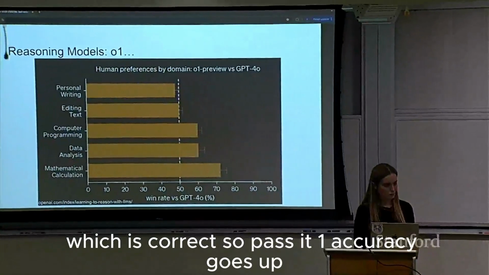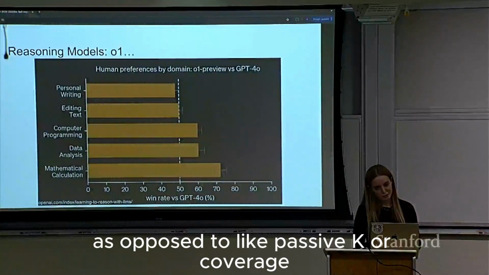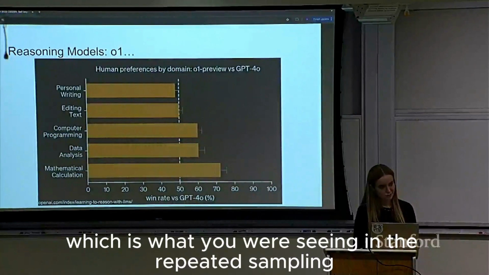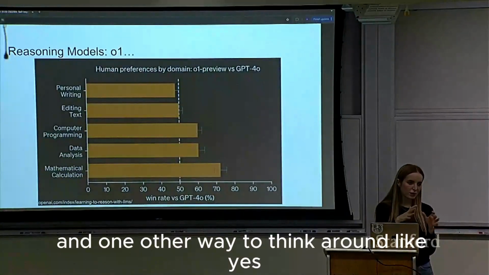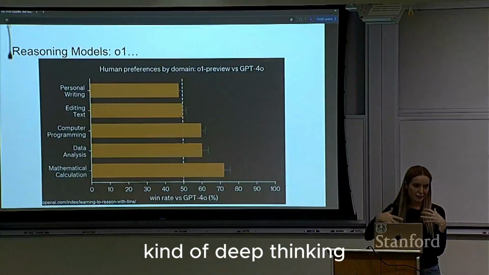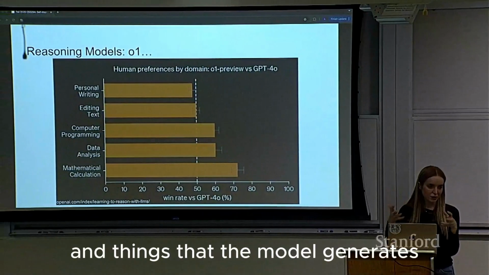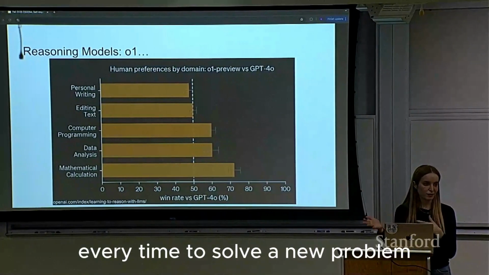So pass at 1 accuracy goes up, which is what you were seeing in the reasoning models, as opposed to pass at K or coverage, which is what you were seeing in the repeated sampling results. Yeah, and one other way to think about it is that these deep thinking traces the model generates are actually helping the model every time to solve a new problem.